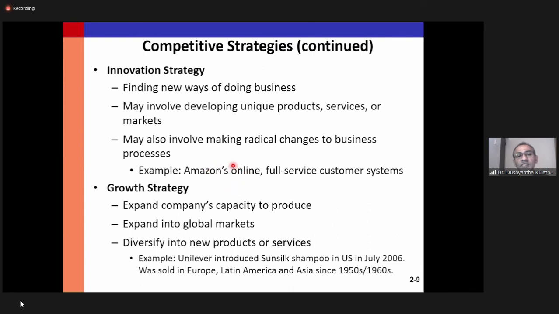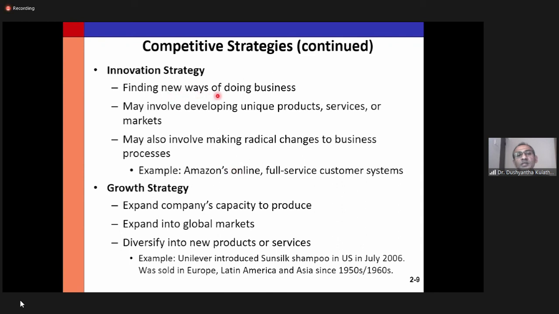But Amazon changed the way of doing business. Amazon came up with an online model of selling books. Customers saw value in that because they could save a lot of money and time that they incurred when they traveled to physical bookstores.